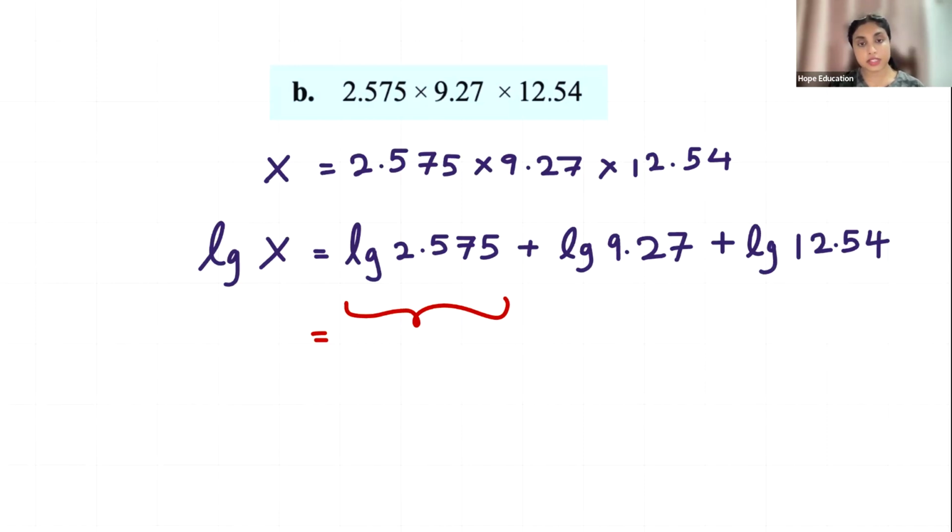It's actually 0.4108. Let me quickly get the log table. Take the log table from the last page of your textbook.